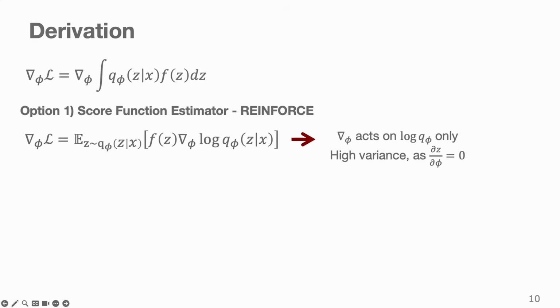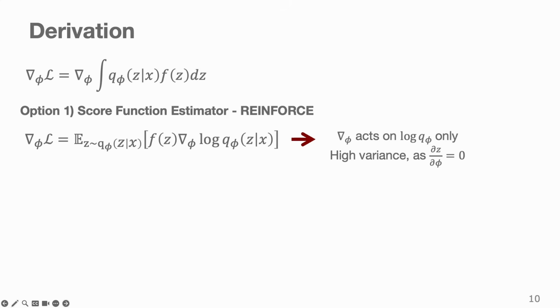Okay, so we have seen the nice graph and one formula, but why does this make the sampling operation differentiable? The core problem is that computing the gradient of the loss with respect to the encoder's parameters phi is difficult because the loss involves an expectation under a distribution that itself depends on phi.